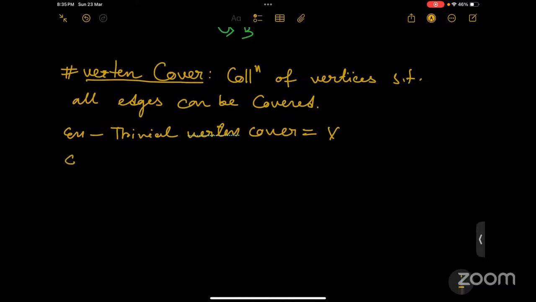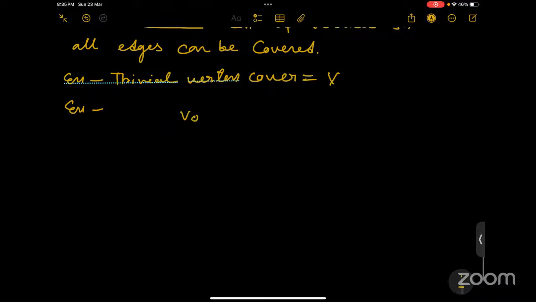Okay. So for example, yeah, an example will help. So if I have some V0, V2, V5, suppose this is our graph.